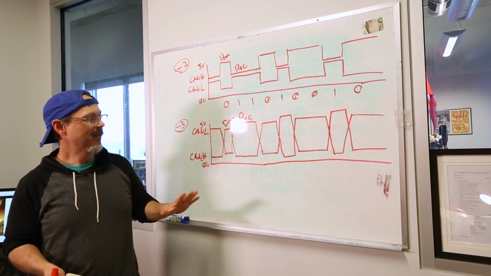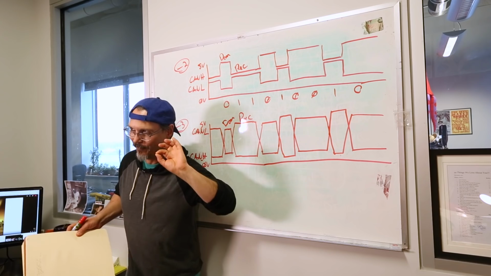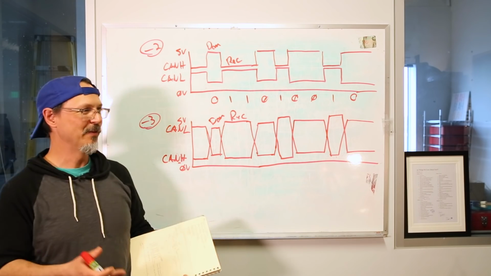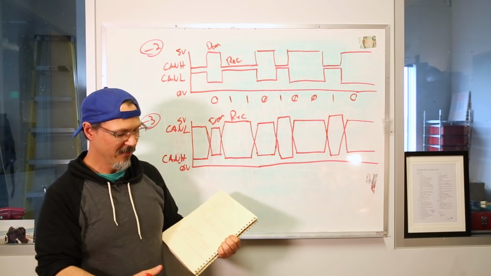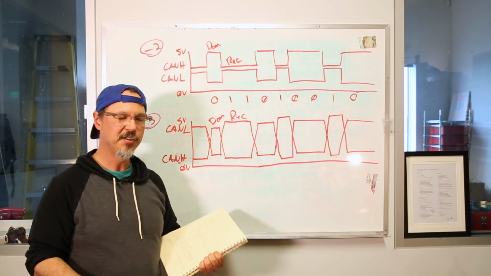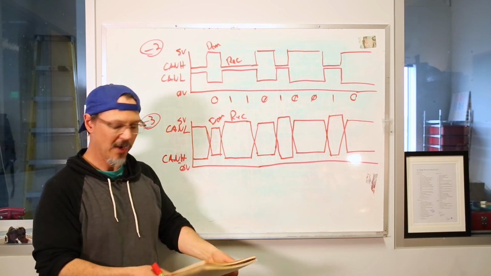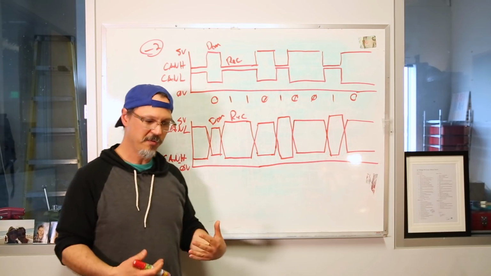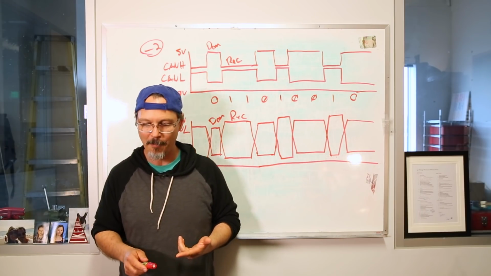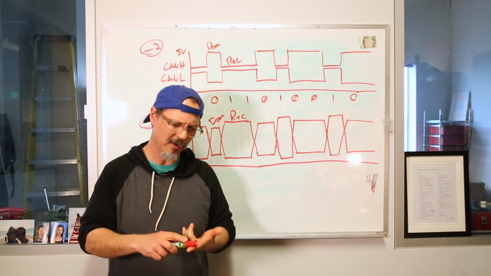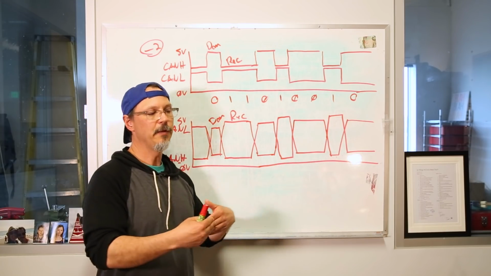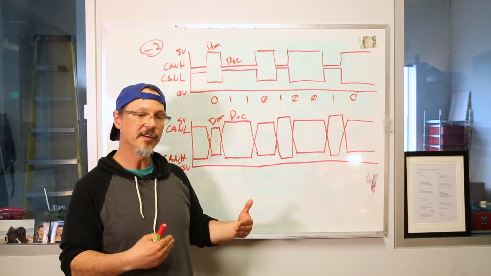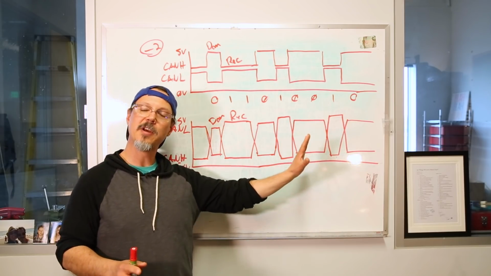Let's see. Then there's this one thing that I keep wanting to mention, and I can't seem to find the right spot to say it, so I'm just going to say it right here. When the transceivers are active on the bus, they're always listening, right? Each node is always listening to all messages, and then they filter out the ones that they want and disregard the ones that they don't.